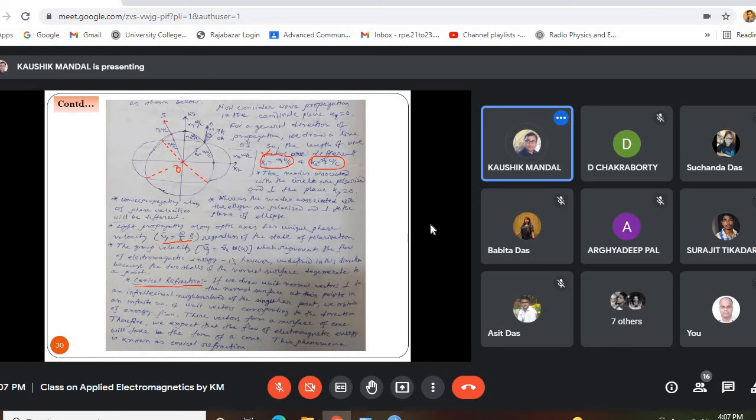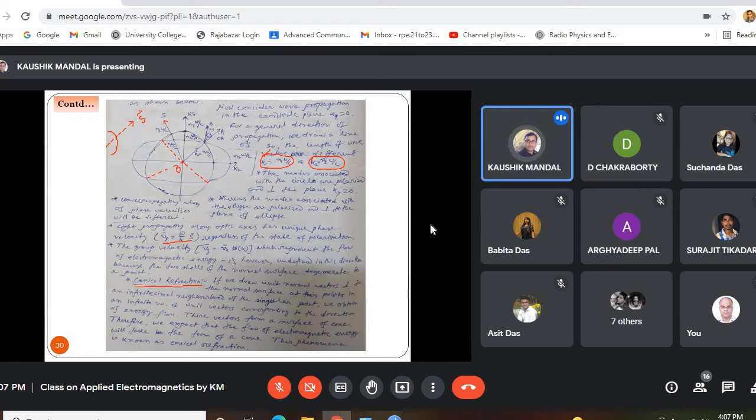When we have to consider the propagation of energy, when a wave is propagating in a particular direction, that means we are considering the propagation of energy. How can we find out the propagation of energy? Suppose this is one particular surface and light is propagating along this particular line. How can we find out the direction of energy flow?